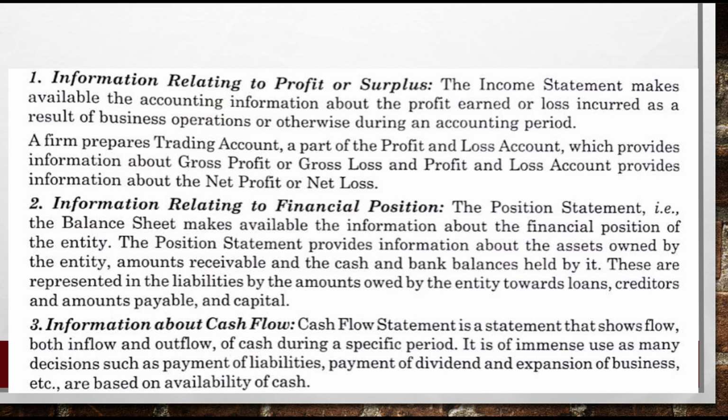If direct income is more than direct expenses, definitely gross profit will occur. Opposite, if direct expenses are more than direct income, gross loss will occur. So in that part, we only consider direct expenses and direct income.